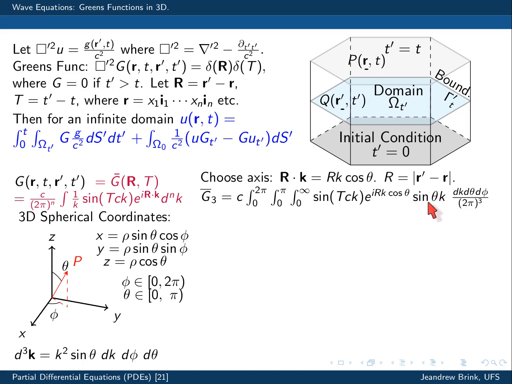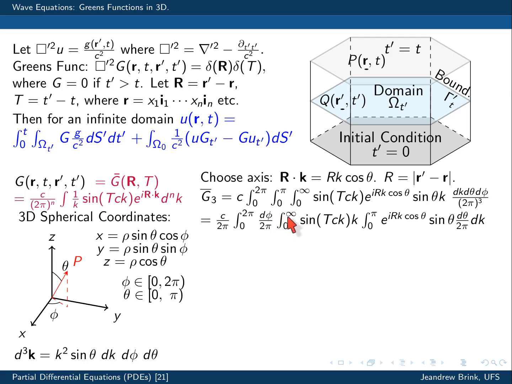But if you want to evaluate this integral, it's actually easier to look at the theta integral first. So let's rearrange this integral slightly. There's no explicit dependence on phi, so we can move the averaged angle in here. So it is the integral from 0 to 2 pi d phi over 2 pi, and this thing just evaluates to 1. Then we keep the k integral outside, so we swap the order of the k integral and the theta integral.